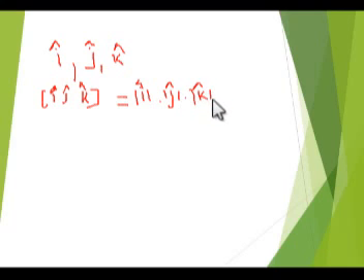Because they are working perpendicularly, I can write directly that this will be equal to modulus of I vector, I have already proved this, dot modulus of J vector and modulus of K vector. It doesn't have any sign, any direction. All are 1, so this will be equal to 1.